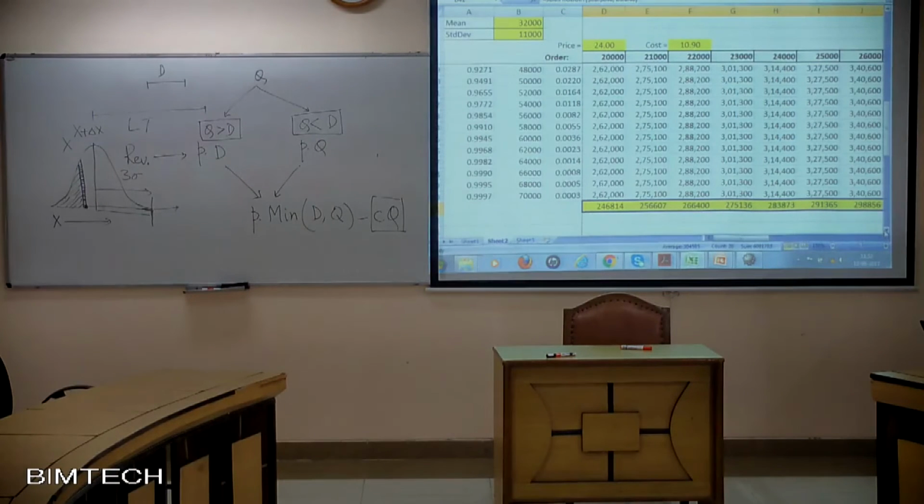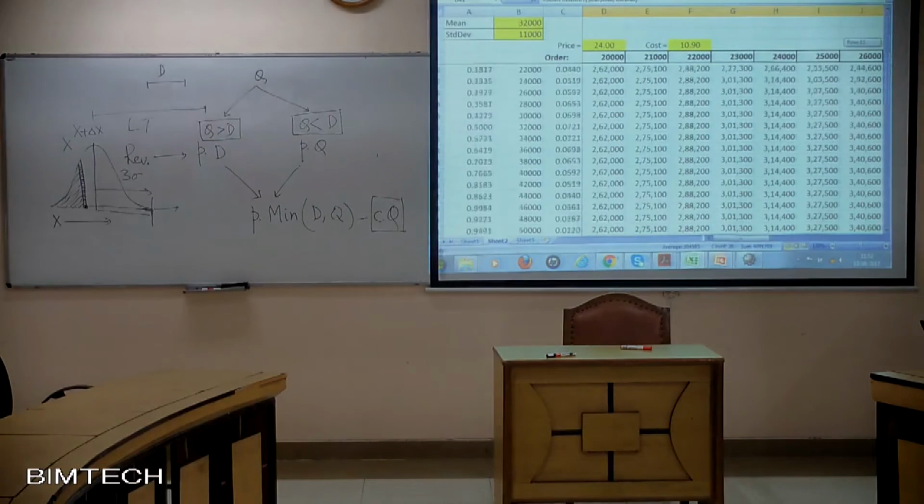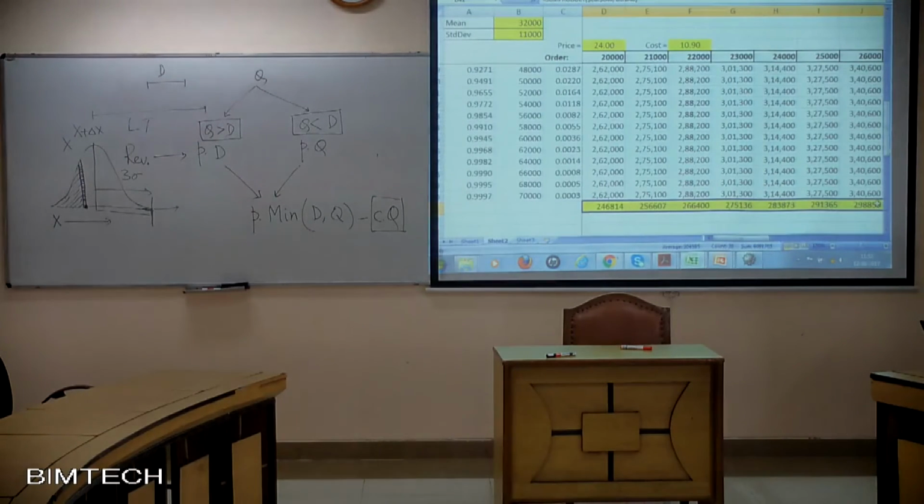Now interestingly, just to show you, even by inspection, let us see. Where are we getting the expected profit figure as maximum? 325, 326, 327, 327,852, and then 327,218.